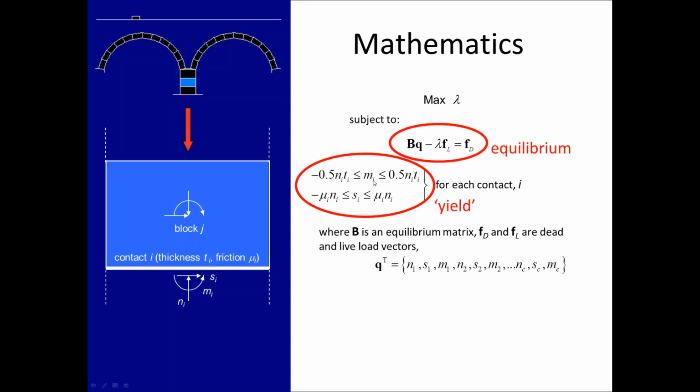So the moment is between plus and minus the normal force times half the thickness. And the nice thing about it is, from a mathematical point of view, it's a really simple linear optimization problem.